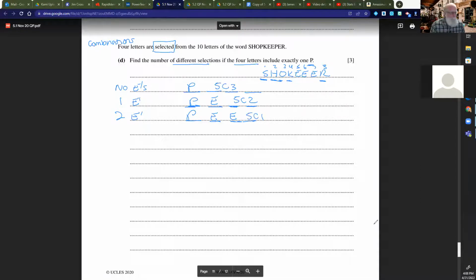All right. Now, the last possible thing is that there are actually 3 E's. If there were 3 E's and there's 1 P automatically, I'm not picking any more letters, right? And there's only one way for this to happen because I've picked all my E's. So this is one way.